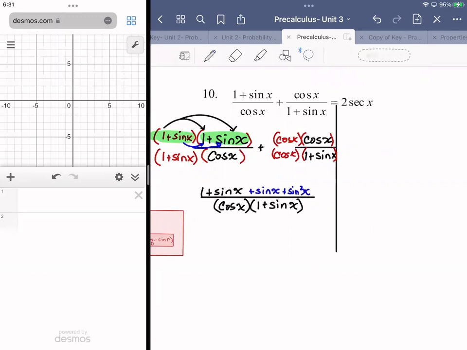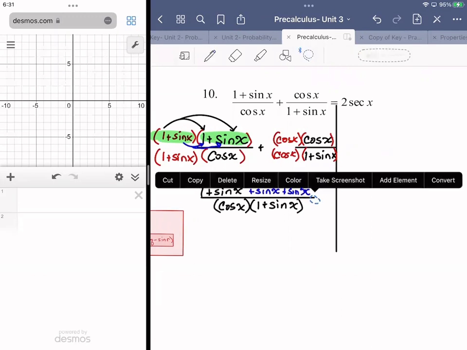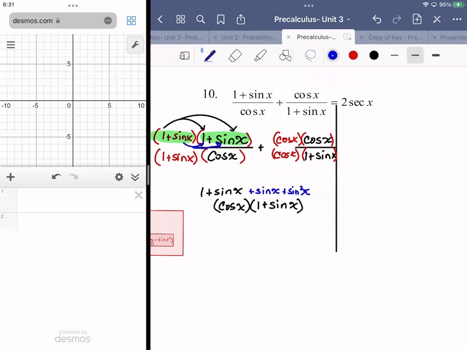We need more fraction here. And then when I multiply cosine by cosine, that part's easy enough. That's cosine squared.